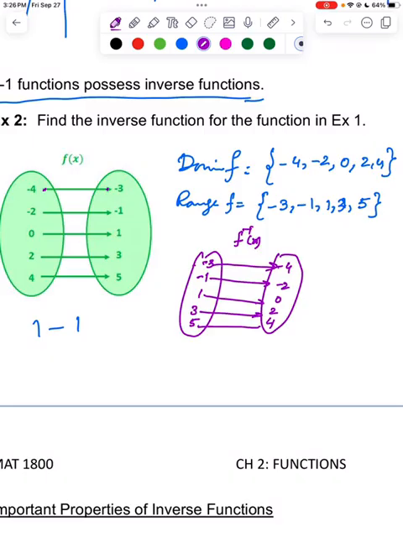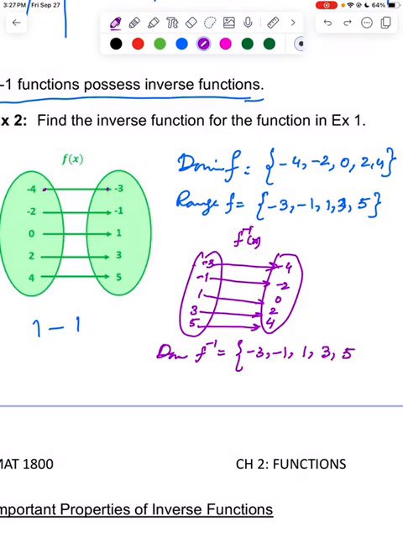So this is the inverse function. Now let's look at the domain and range of this. The domain of f inverse is -3, -1, 1, 3, and 5.